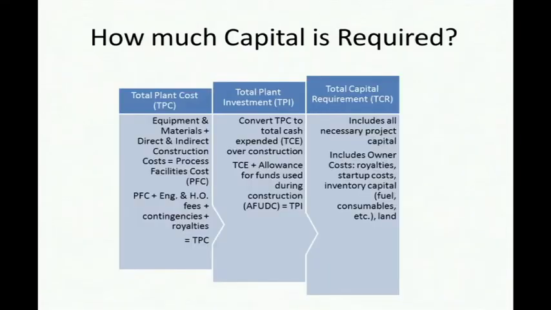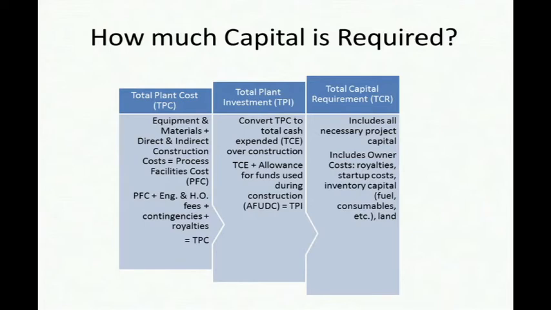In the IECM, the amount of capital required is calculated based upon the method outlined in the EPRI TAG. Direct and indirect construction costs, along with the cost of equipment and materials, combine to yield a process facilities cost. Engineering and home office fees, along with contingencies and royalties, are added to the process facilities cost to yield the total plant cost.